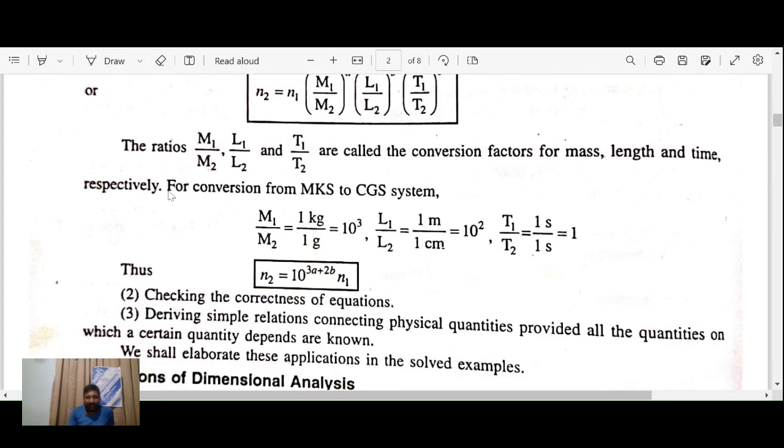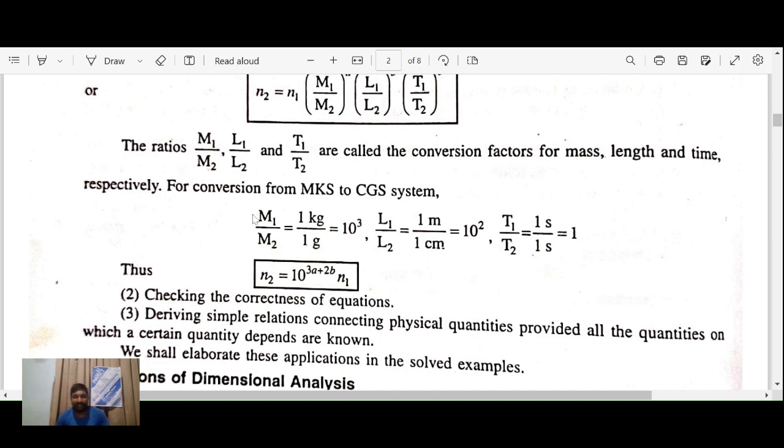Now look at this. For conversion, now see, we learned about three systems of units. I told you about the CGS system, MKS system. Finally, I taught you about the SI system, and I discussed the advantages of it. Now look at this to get the mapping between the MKS system and the CGS system.